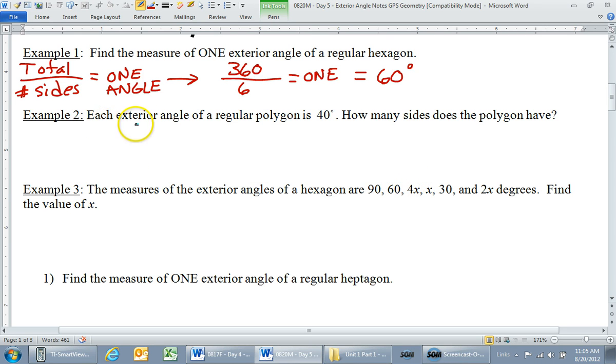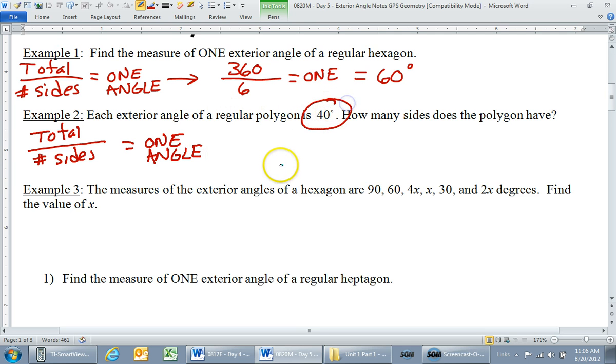Now, each exterior angle of a polygon is 40 degrees. Let's do that same thing again. I'm still doing the total divided by the number of sides is equal to one angle. But this time I'm given one exterior angle is 40 degrees.